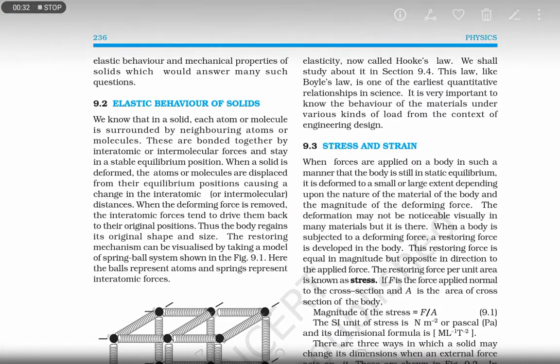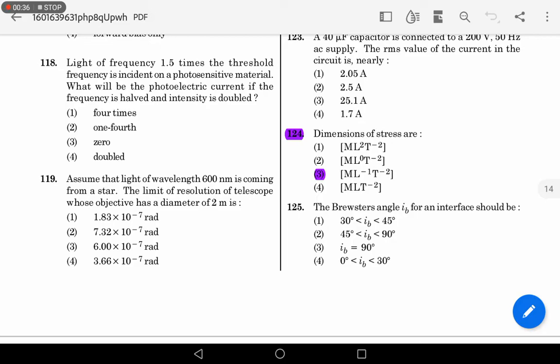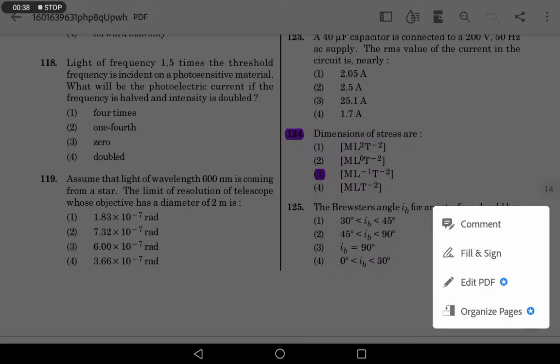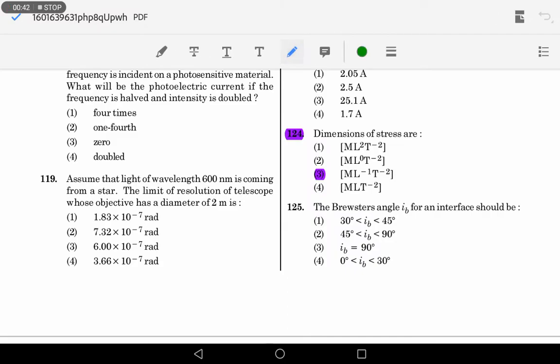Dimensional formula is ML^-1 T^-2. If you cannot remember it, there is one more option that you could choose. Stress is nothing but force upon area. It's actually restoring force upon area. Force is mass into acceleration. Acceleration itself is velocity upon time.